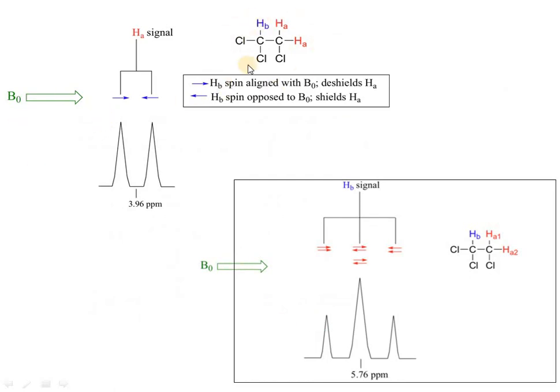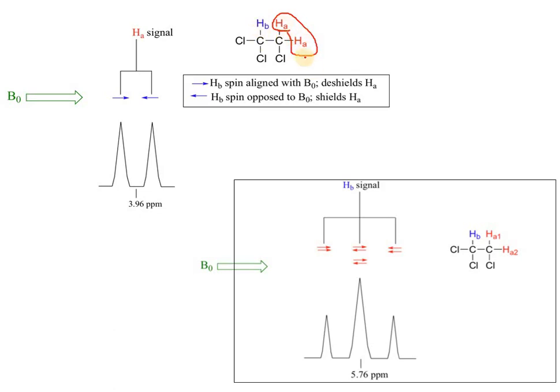If we take up this example, in this carbon 2 chlorides are present, in this carbon 1 chloride, so to this carbon 1 proton is attached, and to this carbon 2 hydrogens are attached. Now first we see the signal. First, these HA protons have 1 neighboring proton, HB, so 1 plus 1 is 2.